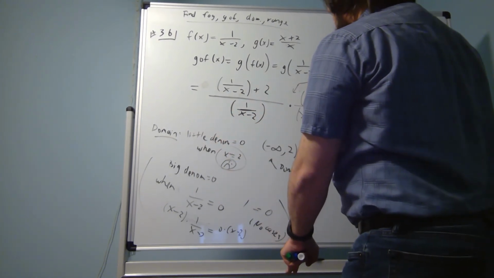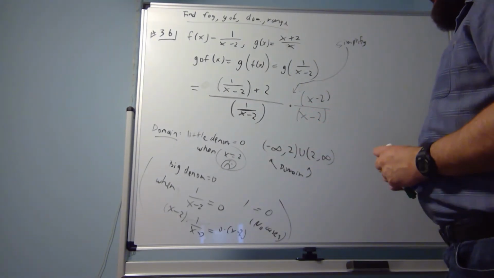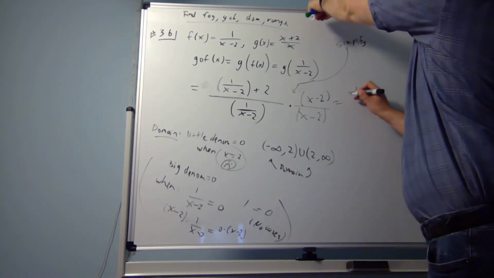But the simplification step is we multiply by 1 in the form of x minus 2 divided by x minus 2. Let's get rid of those double fractions as fast as we can because they cause problems.